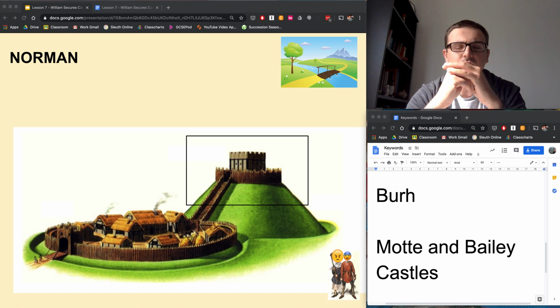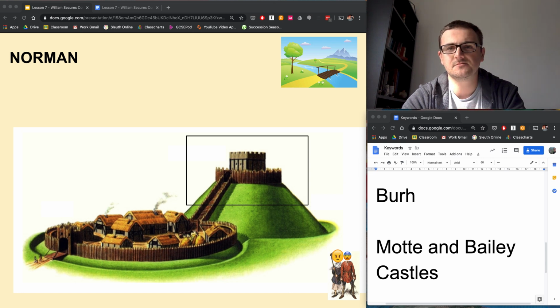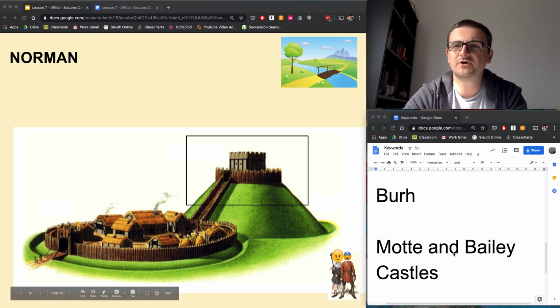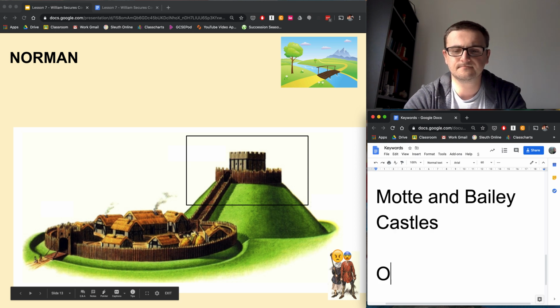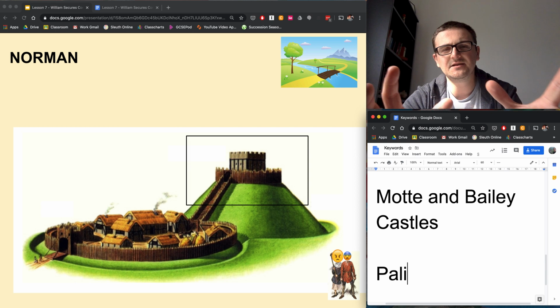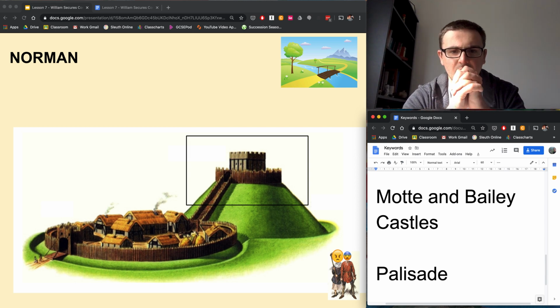Now, the Motte was a military building on the top of a hill surrounded by a wooden fence. The wooden fence was known as a palisade, and again, I'll type that word for you on the board. The palisade was the wooden fence surrounding the Motte. The Motte was a strong wooden tower that was really easy to defend. Anybody attacking it would have to march up the steep hill.